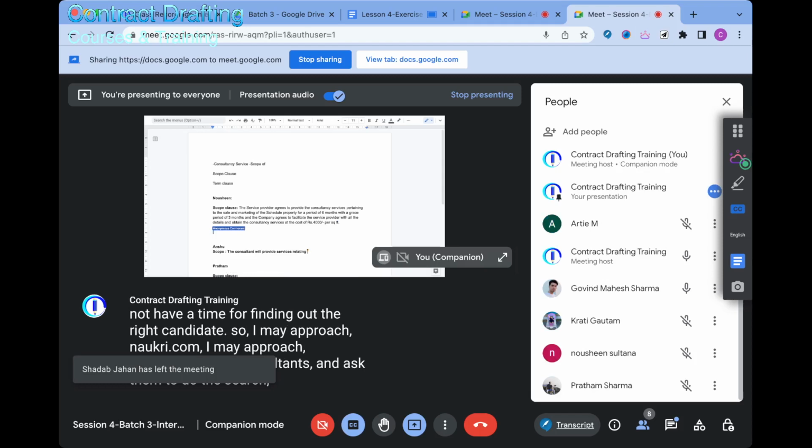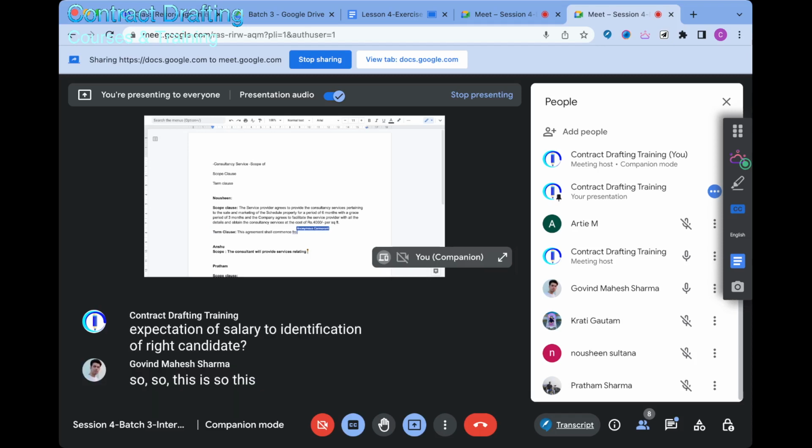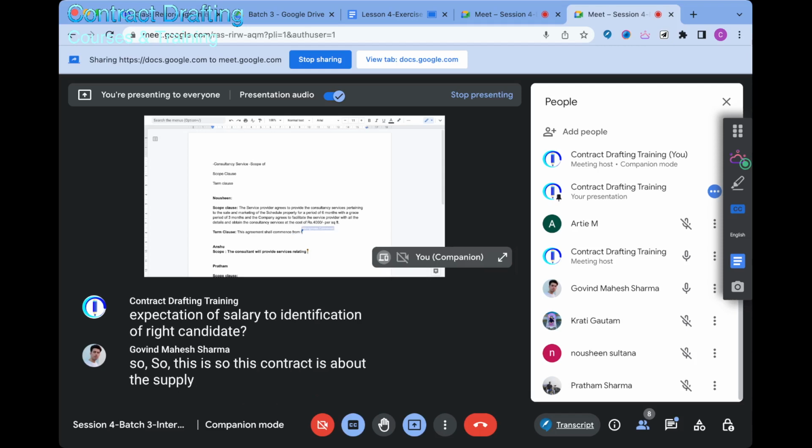You may be getting calls like, "Are you interested in this job opportunity? This is the role, this is the work that you have to do, and what is your expectation of salary?" So, identification of the right candidate. This contract is about the supply of service by the HR consultant to the company. Yes, it's a contract between the HR consultant and the company.